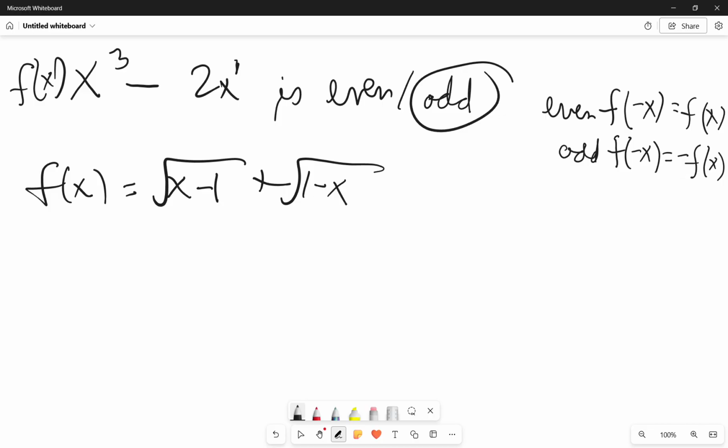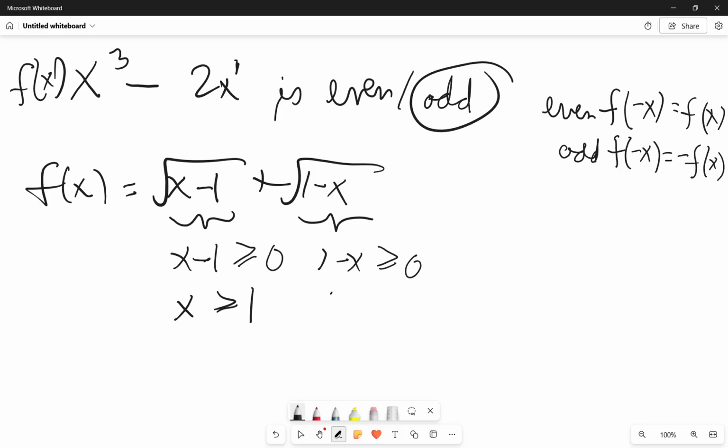As you can see, according to our square root inequality, we have the inside, which is x minus 1, to be greater than or equal to 0. So therefore, after adding 1 to both sides, we have x is greater than or equal to 1. And meanwhile, since this also has to be greater than or equal to 0, then 1 is greater than or equal to x.